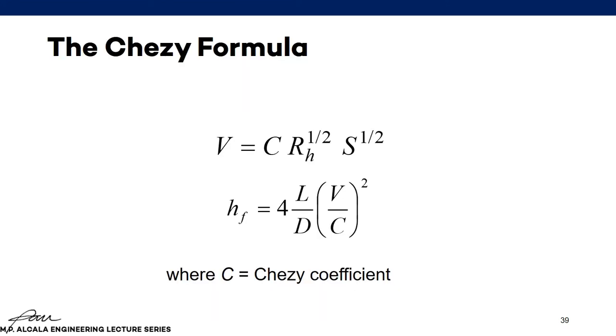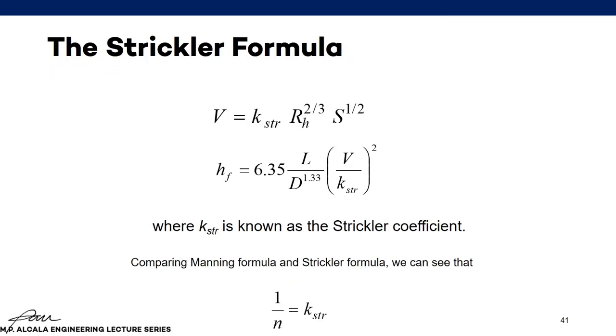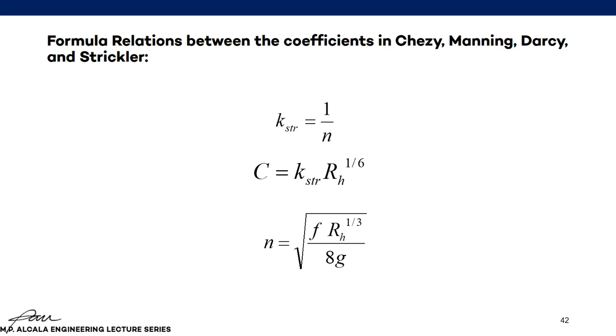And for your Chezy formula, where C is the Chezy coefficient. And the Strickler formula. So these are very straightforward with very straightforward constants. So these are the relationships of each other. How you can relate the values of your constants for Chezy, Manning, Darcy, and your Strickler formula.